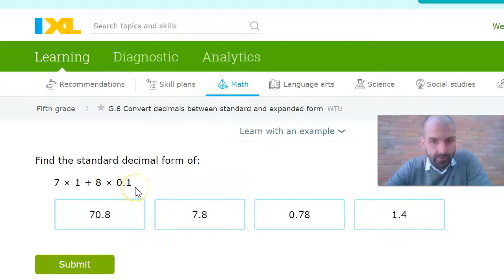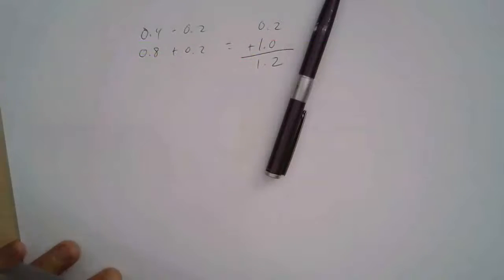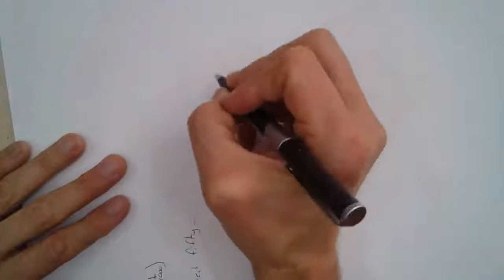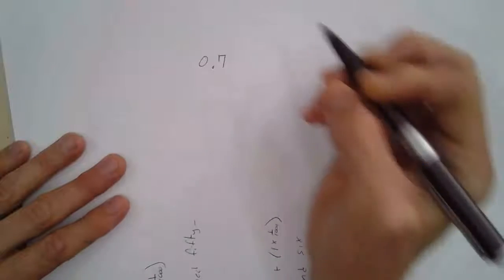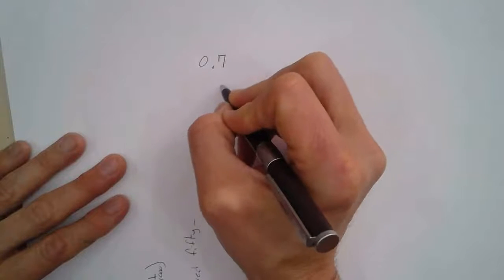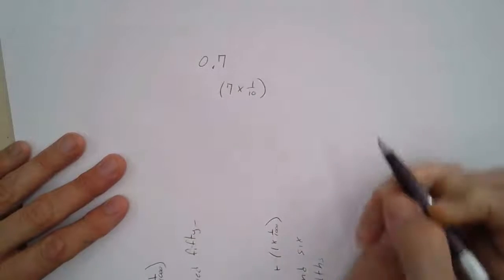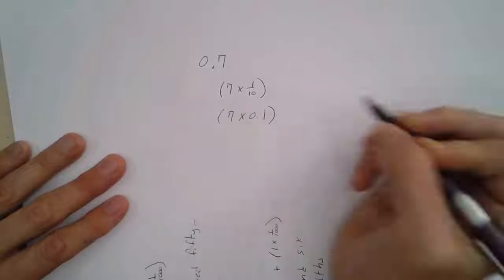Alright, so one thing to be aware of is, here, let's go back to my camera. Make it bigger? Whoa, did that work? Oh, that was cool. Alright, so if you've seen my videos, if I have this number here, this is in expanded form 7 times 1/10. What they're doing is 7 times 0.1. Well, is that different?